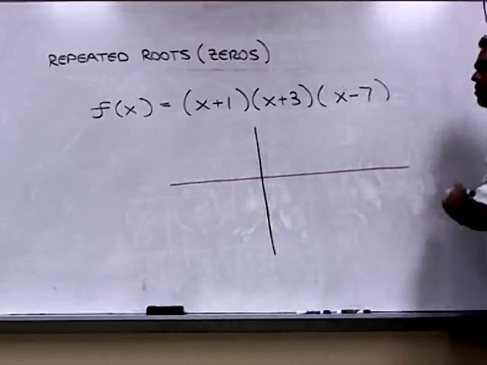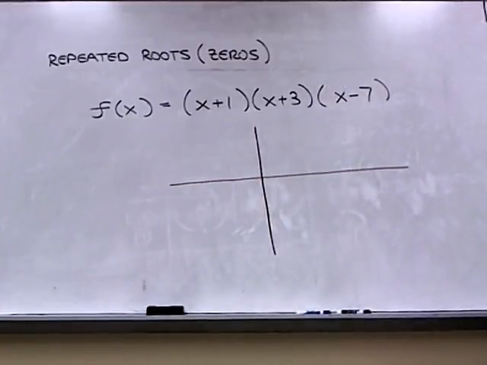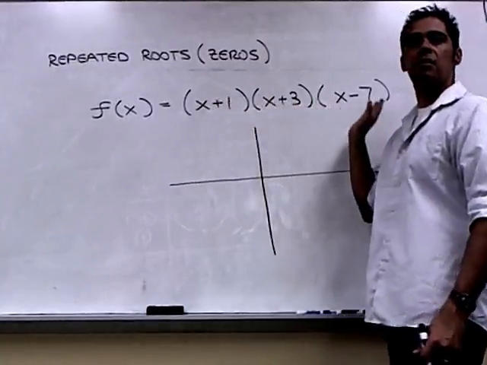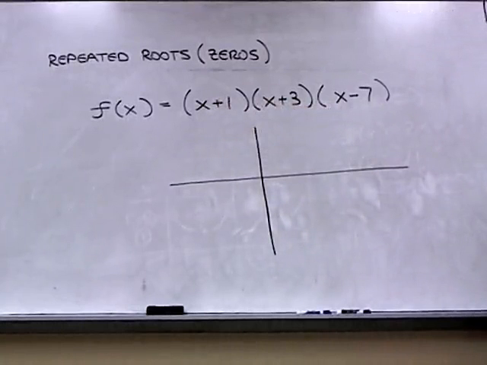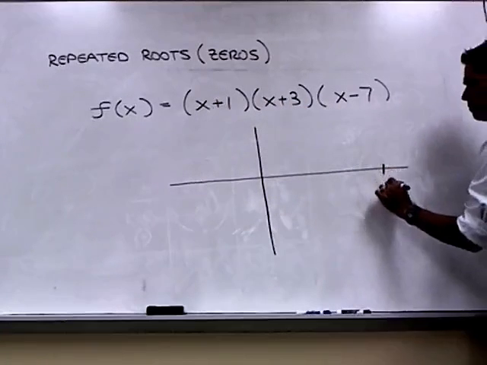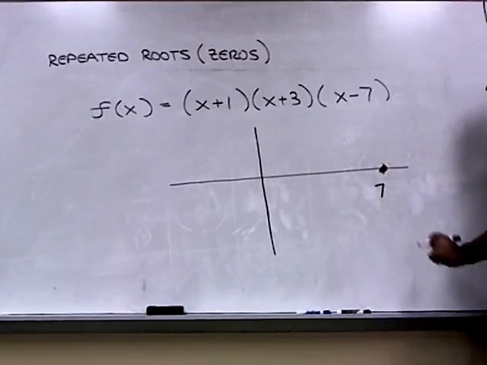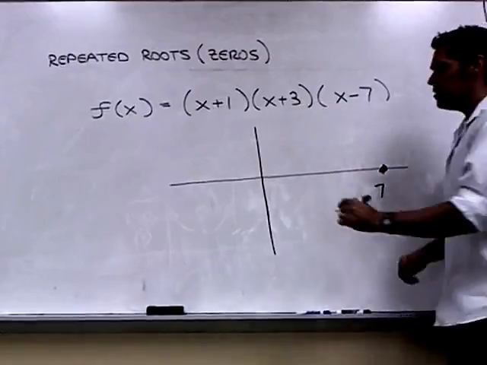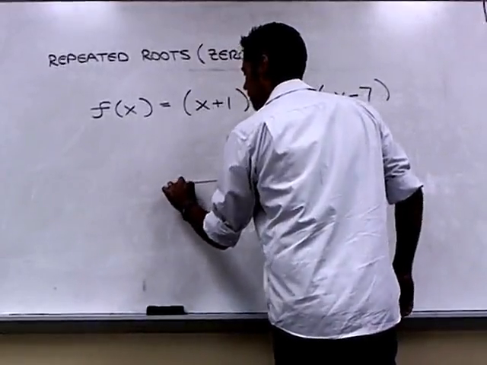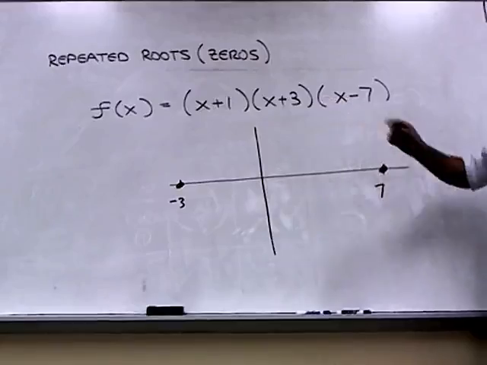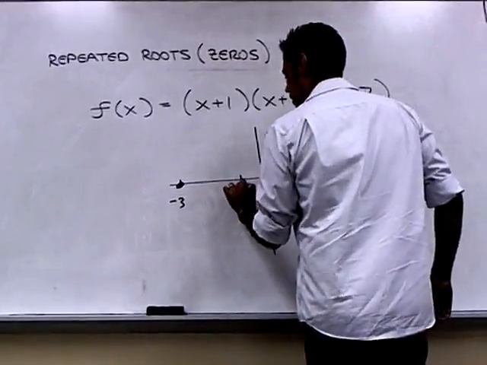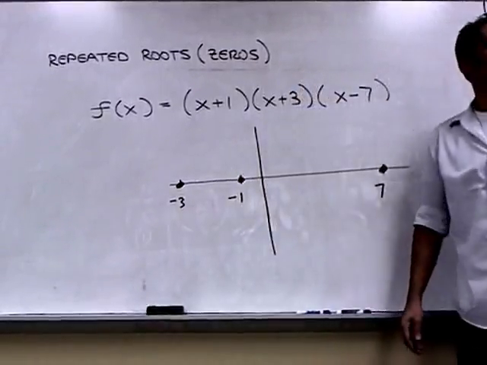What would make that thing 0? What values of x could I plug in here and get 0? 7. 7 would give me 0. What else? Negative 3 would give me 0. What else? Negative 1 would give me 0.